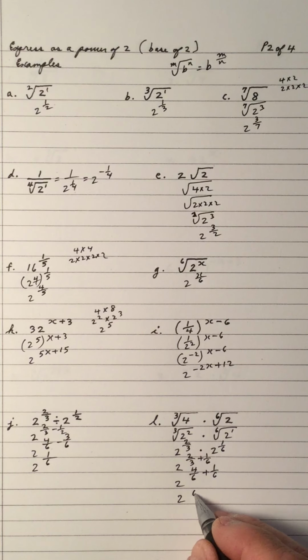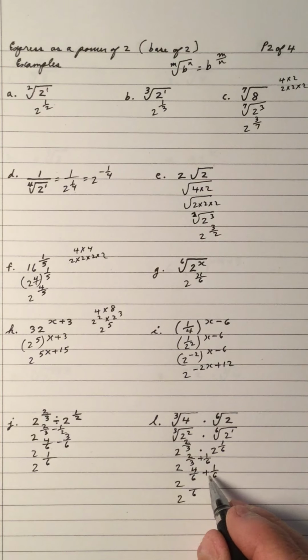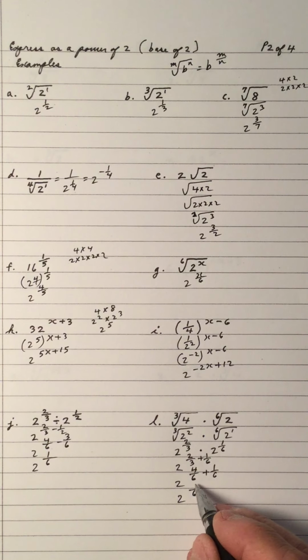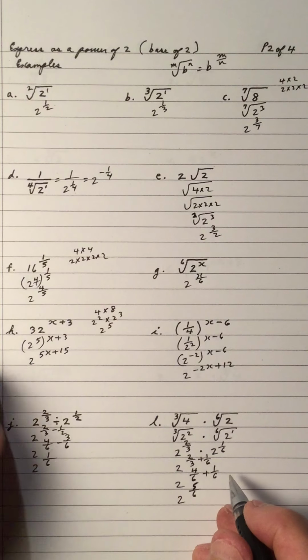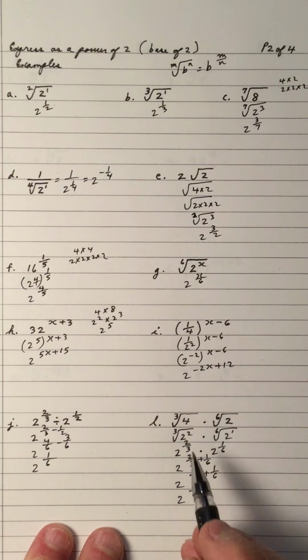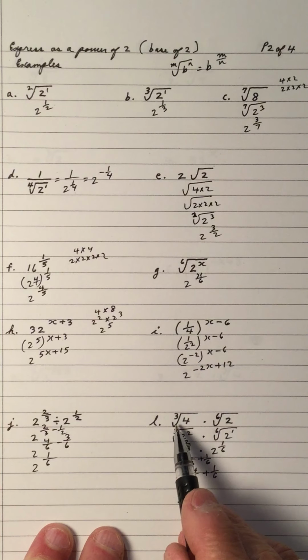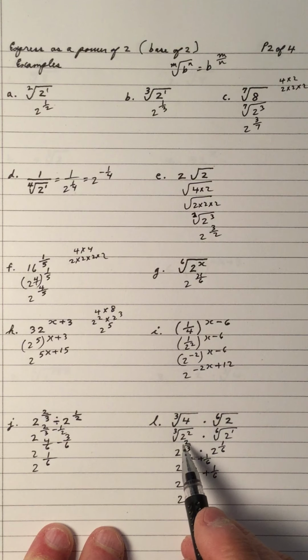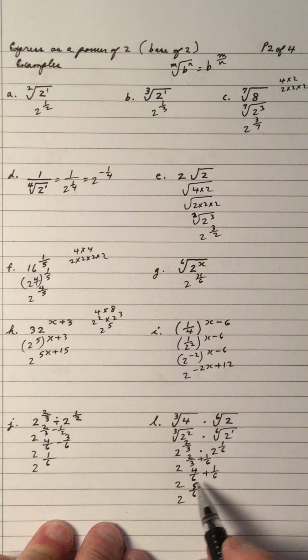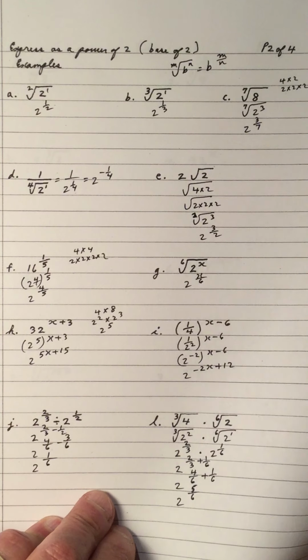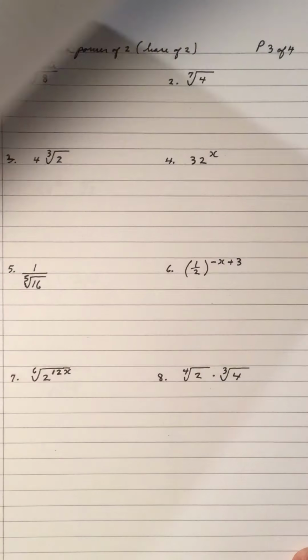And because the exponents have the same denominators, 4 plus 1 is 5. So it's 2 to the 5 over 6 when you simplify. Notice you can't multiply these because they're not the same root, so we have to convert them to an exponential and then work it through with the exponential by adding the exponents.